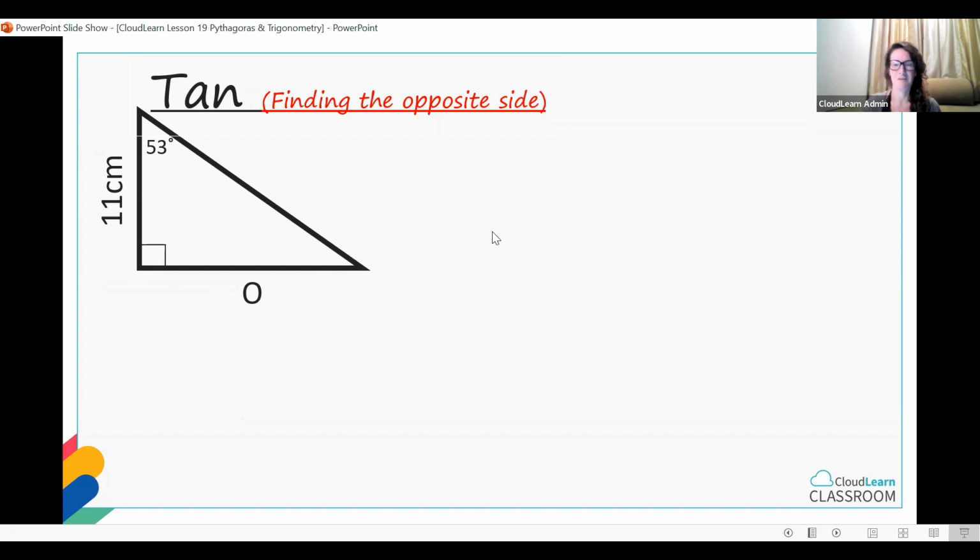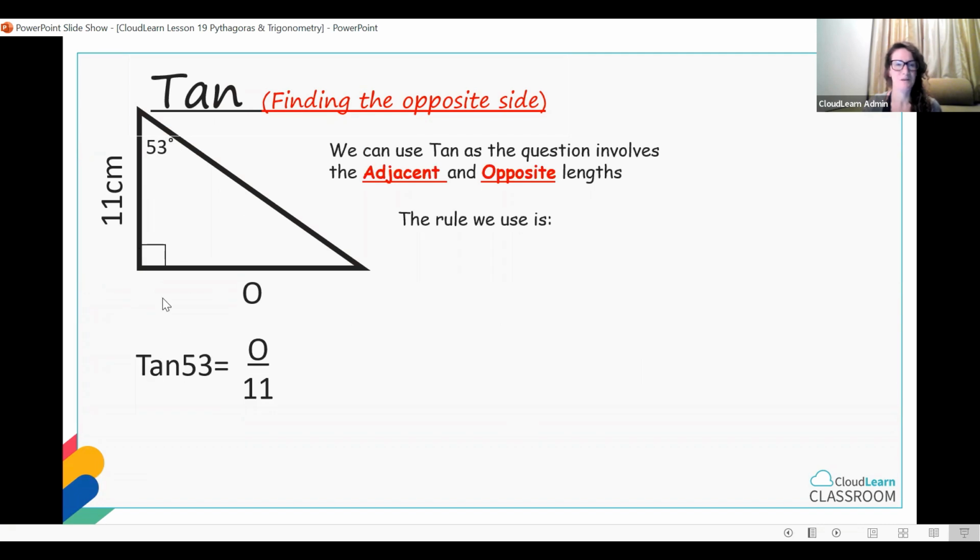So you might have someone standing on a cliff looking out, and you're trying to work out the distance of the boat that they're looking at from them or something like that. Okay. But let's have a look at just doing a normal problem with this. So we've got an angle of 53. We've got an adjacent side of 11. And we're looking to find the opposite side.